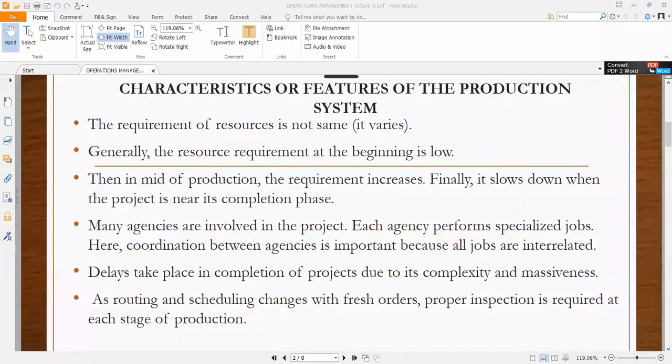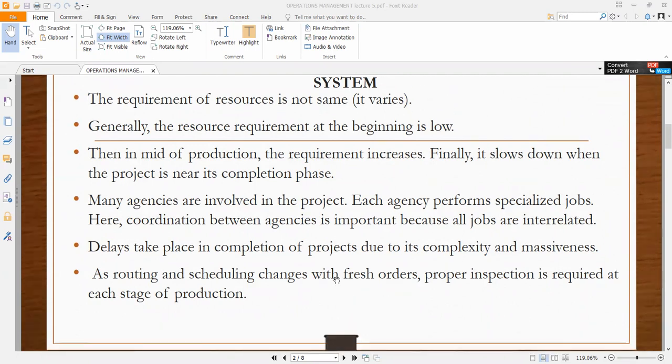I was saying that there is a delay. The delay takes place along the project due to the massiveness and complexity, meaning that the project is very complex in the sense that delays take place in one way or the other. This is one of the characteristics, in the sense that for any project you expect such to happen.